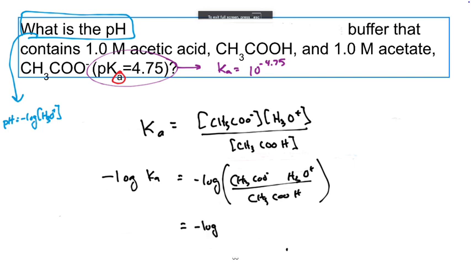So we can say the negative log of CH3COO minus H3O plus, keep that all bracketed, minus the negative log of the CH3COOH. Is that what you're saying? Oh, and I just erased half of it. Okay, so it is something we could go through and do.